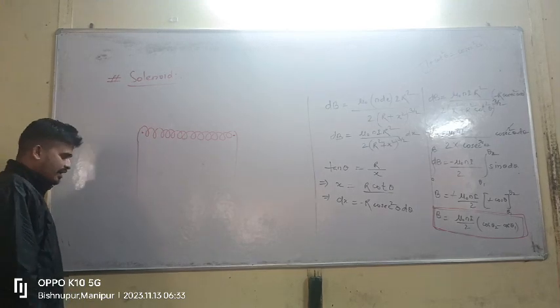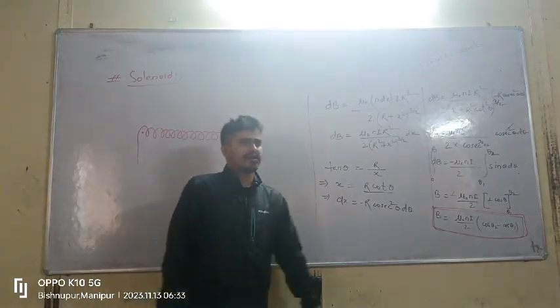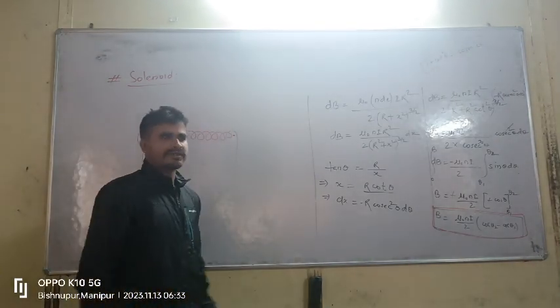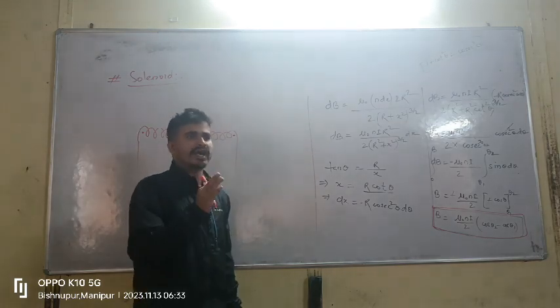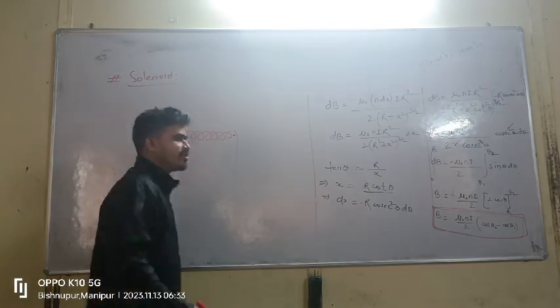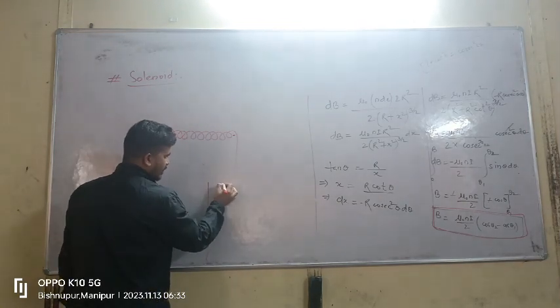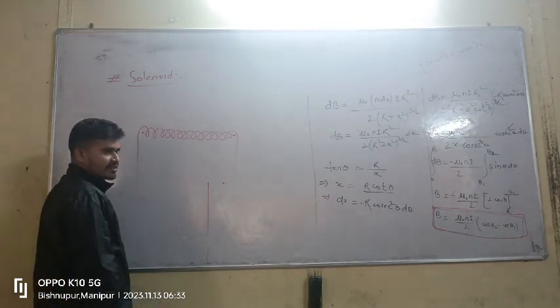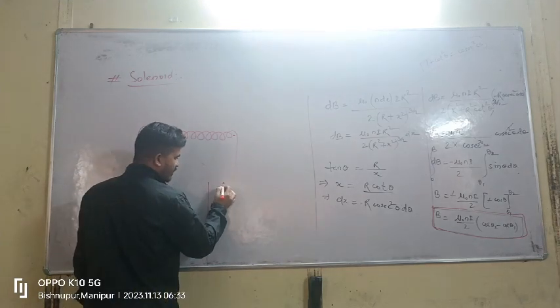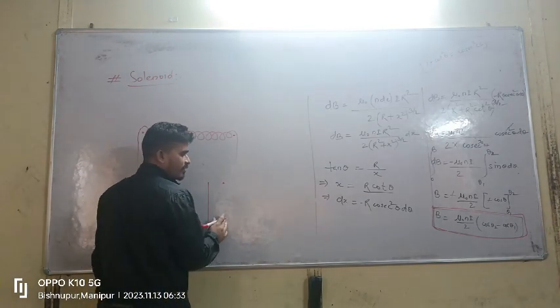For the current carrying straight wire, we had a question about the end of the wire. It may be infinite at one end, but finite at the other end. If you are asked to calculate the magnetic field here, what did you do there?